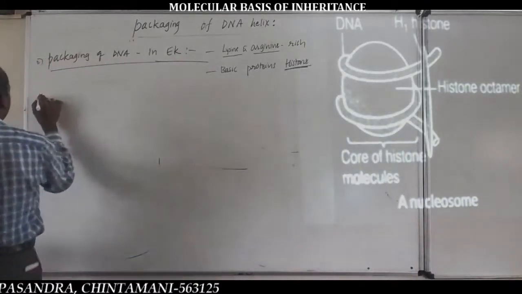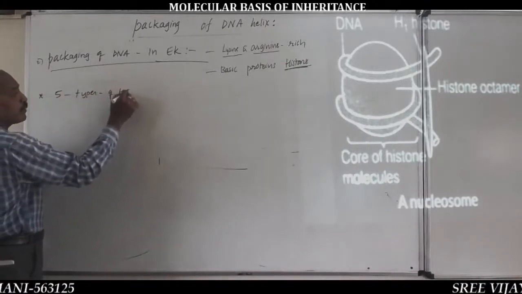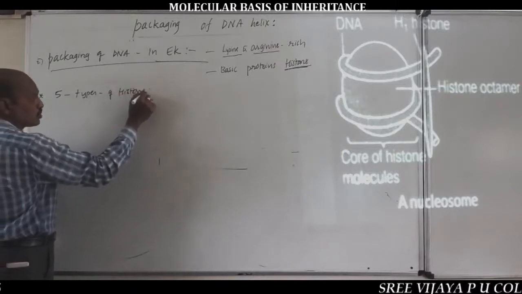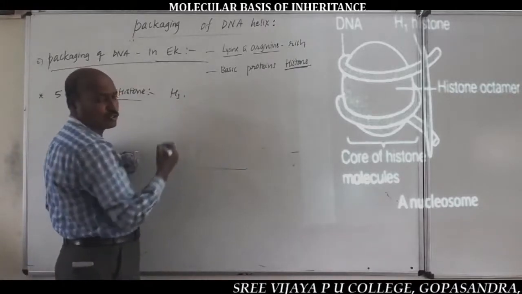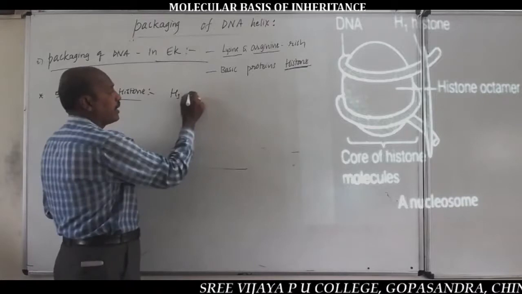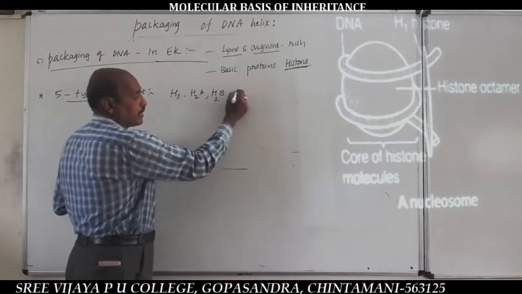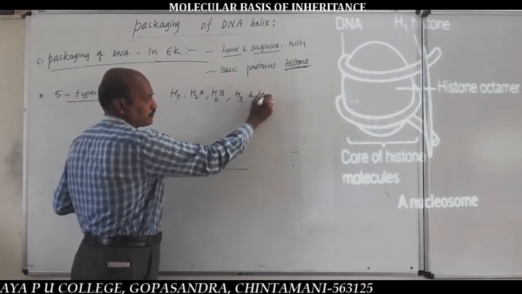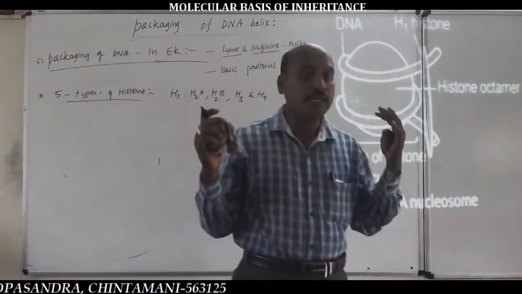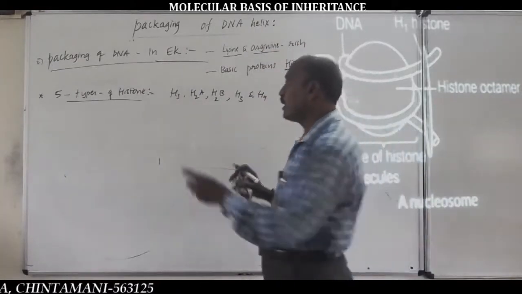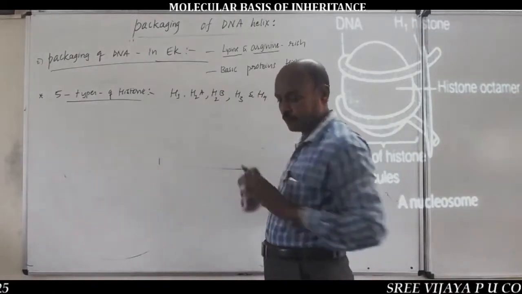There are 5 different types of histone proteins: H1, histone 1, H2A, histone protein A, H2B, histone protein B, H3 and H4. You should remember this statement: there are 5 different types of histone proteins like H1, H2A, H2B, H3 and H4.